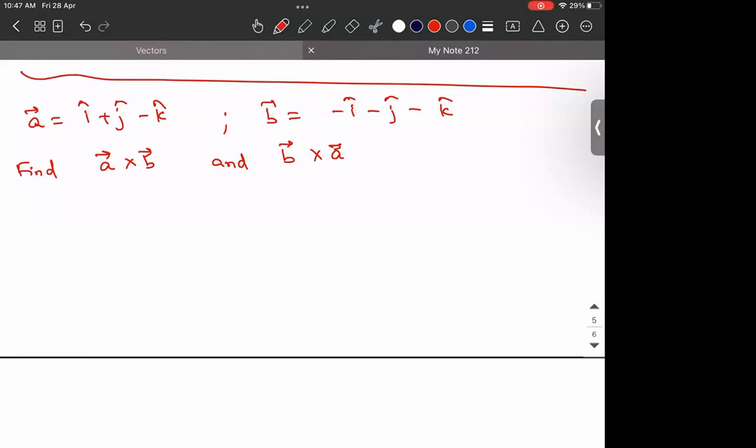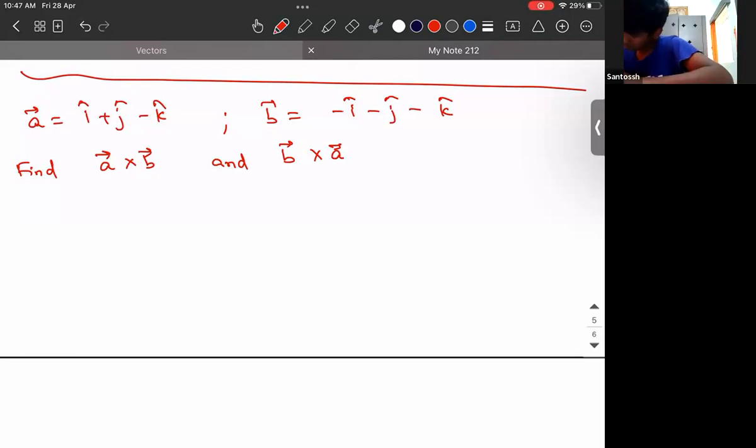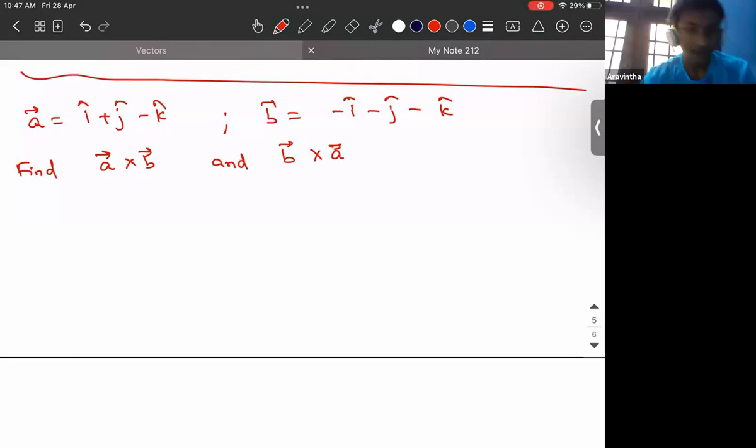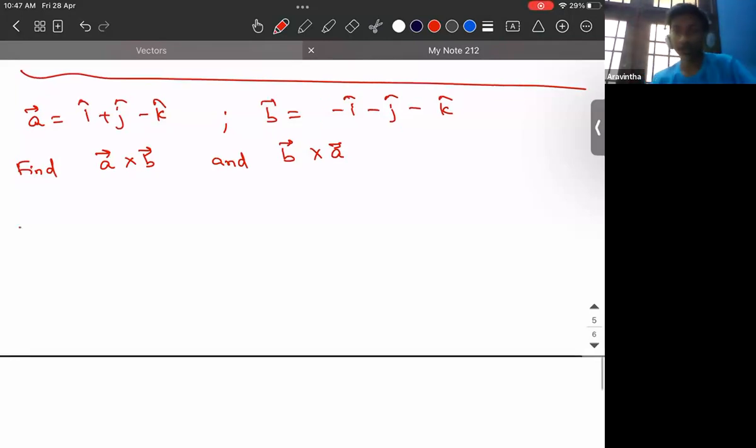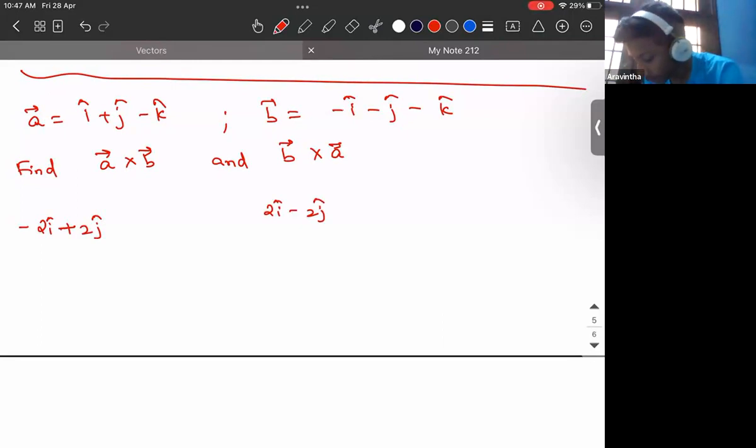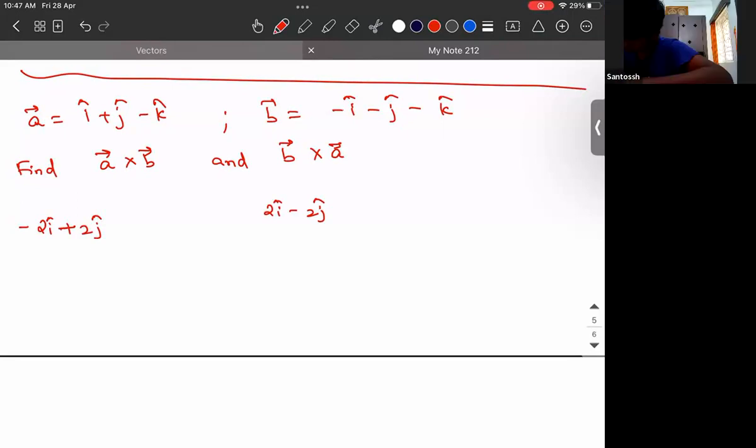Anybody with the answer? Yes, sir, one minute. Sir, A cross B is minus 2 I cap plus 2 J cap. And B cross A is 2 I cap minus 2 J cap. Yes, sir.